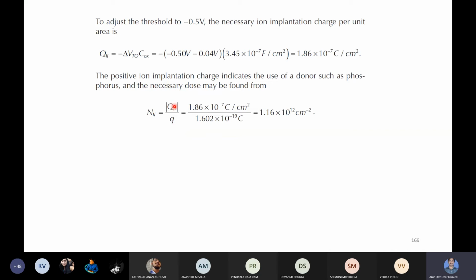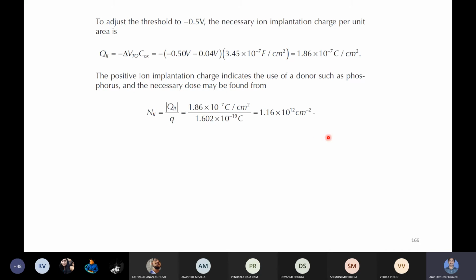So total charge divided by charge of one dopant will give you the density. Ni means number of implanted charges. Total charge divided by electronic charge is giving 1.16 × 10^12 per centimeter square.